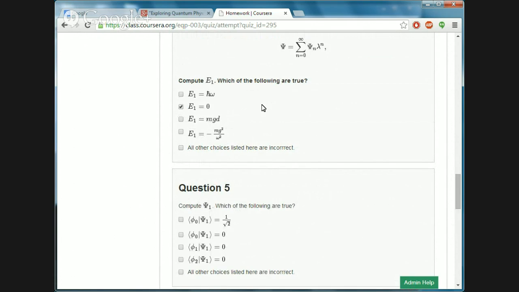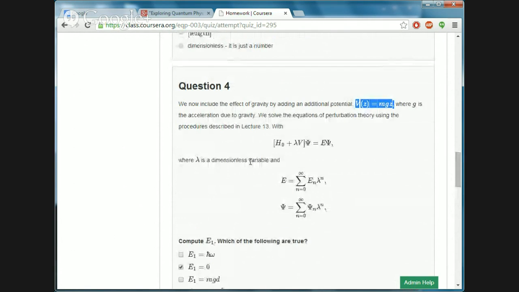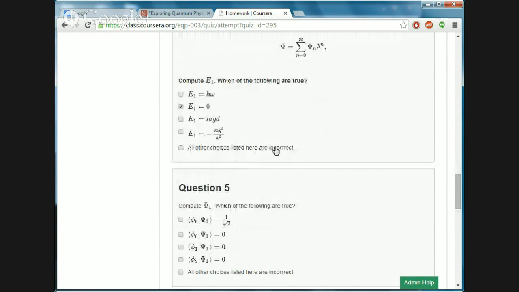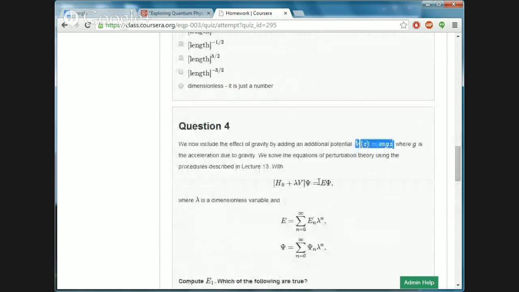Well, can anyone tell me why E1 is equal to 0? It's just by symmetry. If you develop the equations, you get this. E1 is the expectation value of V over the ground state wave function, which vanishes by symmetry.